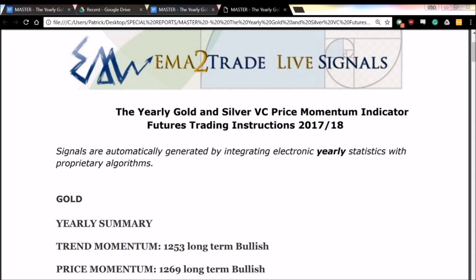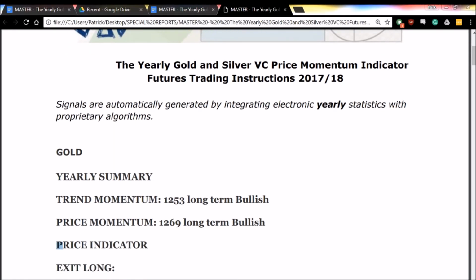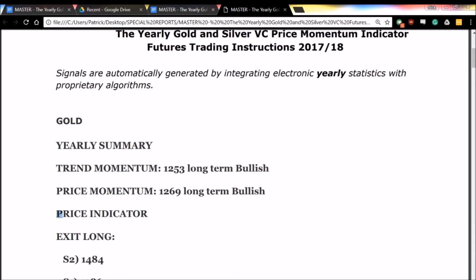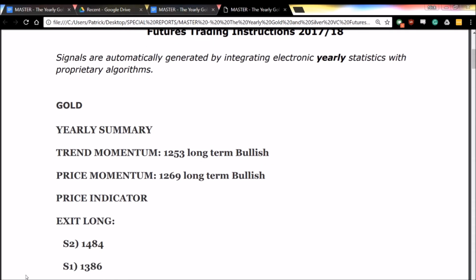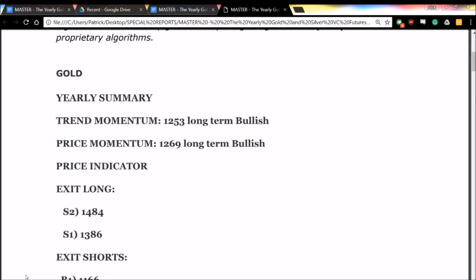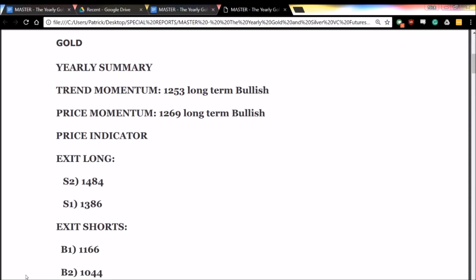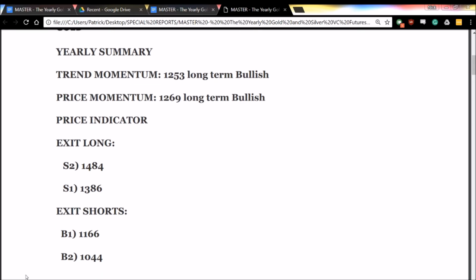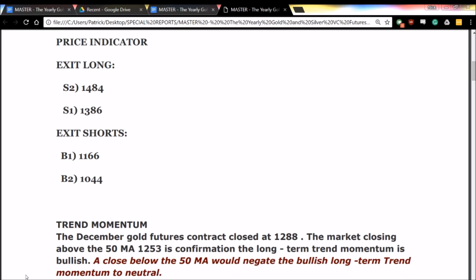What this report does is it gives you the weekly summary and the yearly summary by identifying the trend momentum. What we use to identify the long-term trend momentum is the 50-day moving average.